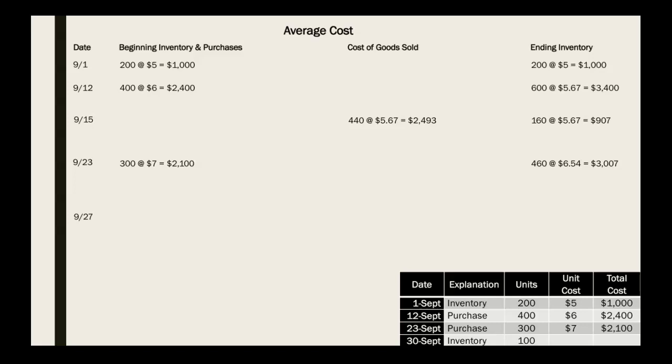That $6.54 is your average unit cost. And we can check again to make sure that we're on the right track. We're averaging inventory between $5.67 and $7. Well, our new average unit cost is between those two amounts, so we're okay.